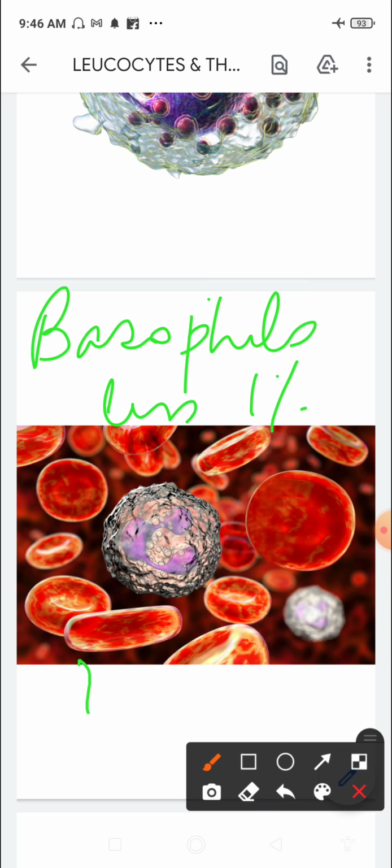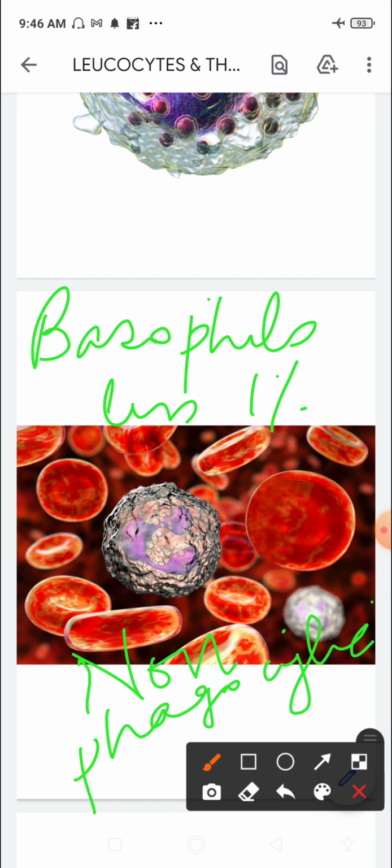These are non-phagocytic, so they do not phagocytize. And if you look at the nucleus, they have 2 to 3 lobes. Here in this figure, we can see 1, 2 and 3 lobes in the nucleus, right.